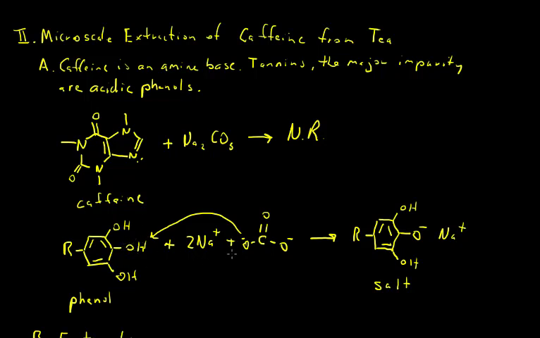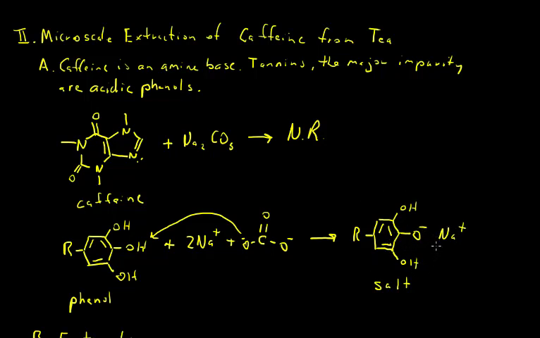So the carbonate from the sodium carbonate will pluck a proton or protons off these acidic phenols, and in doing so, will ionize them. And so the sodium from the sodium carbonate remaining in the solution will form a salt with the alkoxide of the phenol of the tannins. So we form the salts of the tannins.